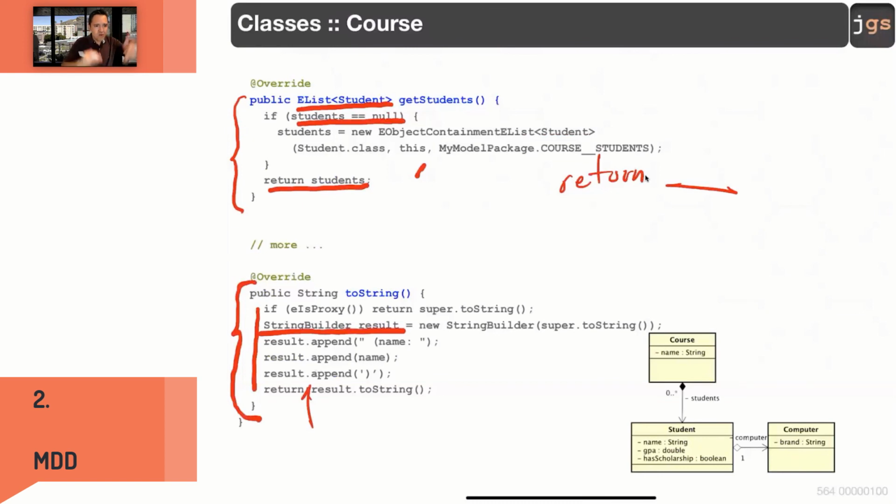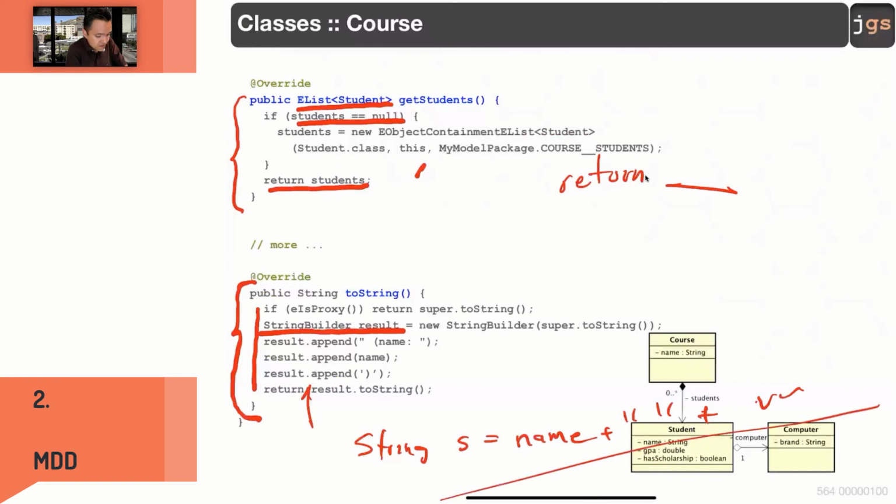Again, maybe you are familiar with this idea. Let's create a string S and let's make S equal to the value of the variable name plus something plus another variable. Probably we do that, and it's fine. What the tool does is this. I am not going to go into the details, but believe me, this is better than doing this addition with strings. There is a reason: you have this StringBuilder.